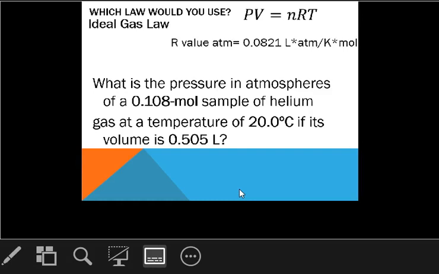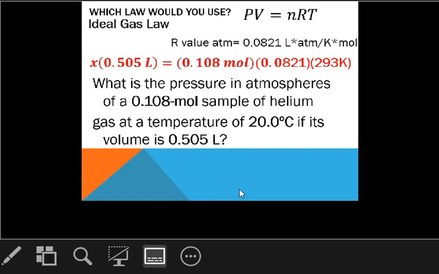Set up the variables that you know, PV equals nRT. Start with the side of the problem where you have no variable. So you're going to multiply 0.108 times 0.0821 times 293 divided by the number attached to your variable, which is 0.505 liters.